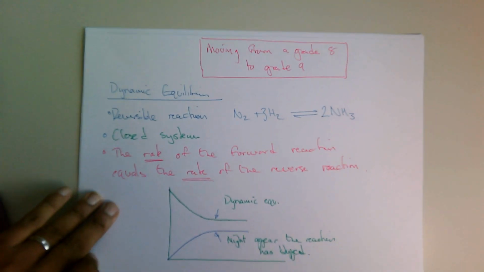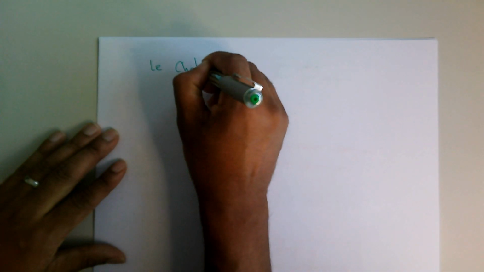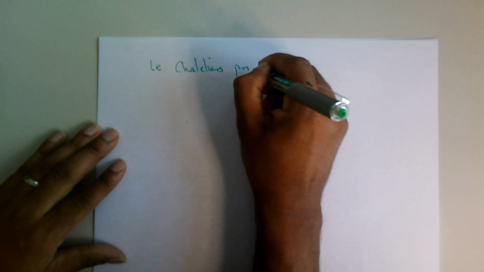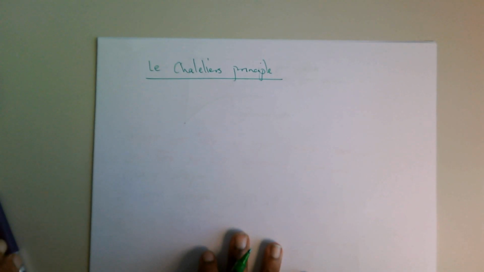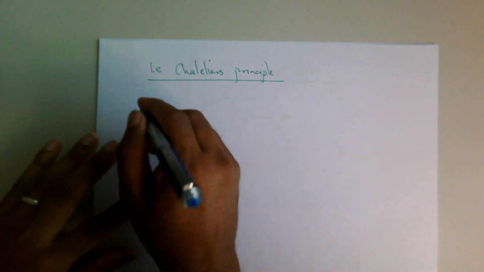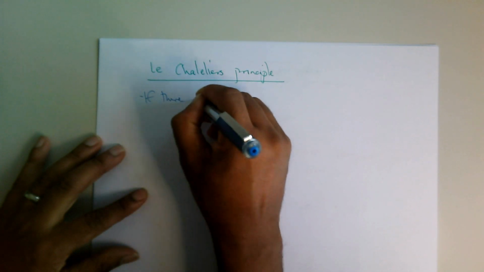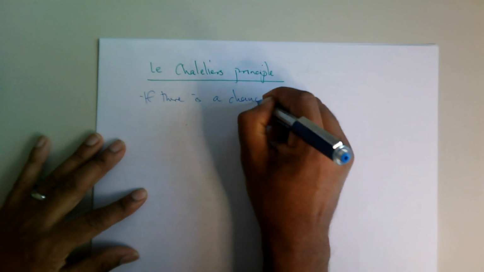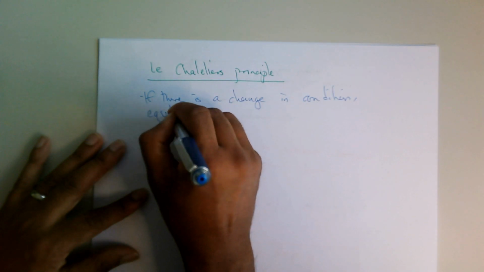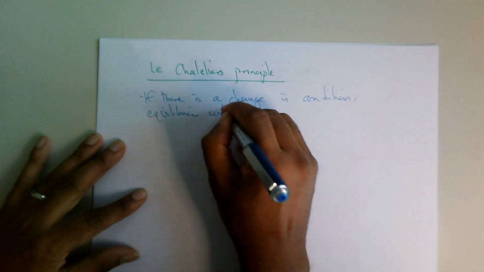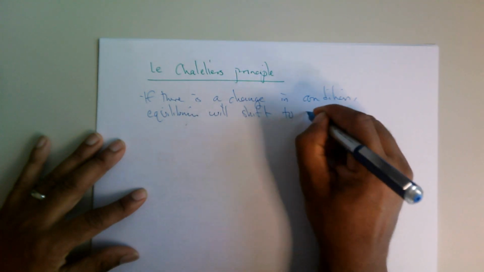Now another part that I think students struggle with regarding dynamic equilibrium or reversible reactions is Le Chatelier's principle. Now Le Chatelier's principle is an important principle, and what the principle suggests is that if there is a change in condition, equilibrium will shift to minimize that change.